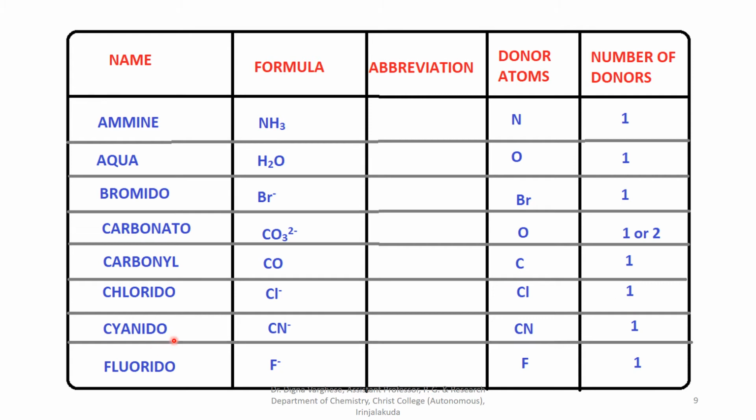Another monodentate ligand is cyanido, CN minus. CN is the donor atom and number of donors is 1. And fluorido, F minus. F, here one donor site.